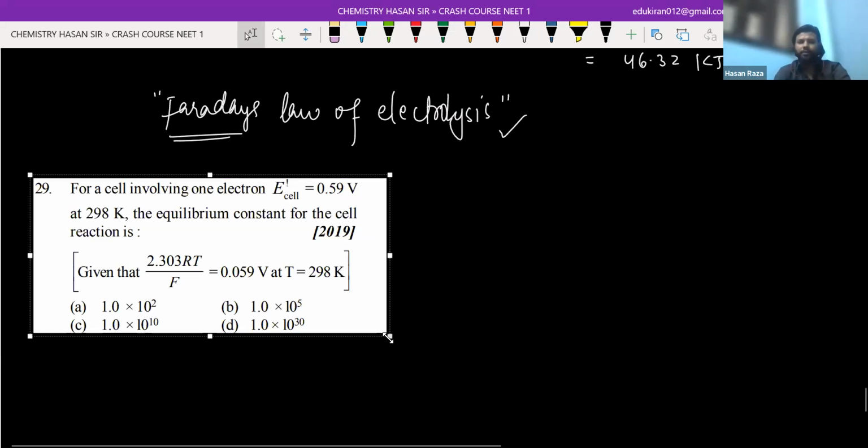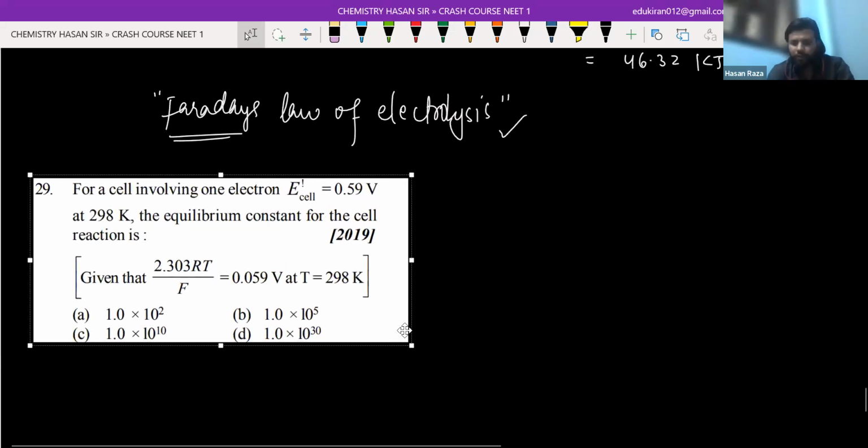This is your question, which is based upon the Nernst equation. So please do it and let me know if you are not able to solve it.